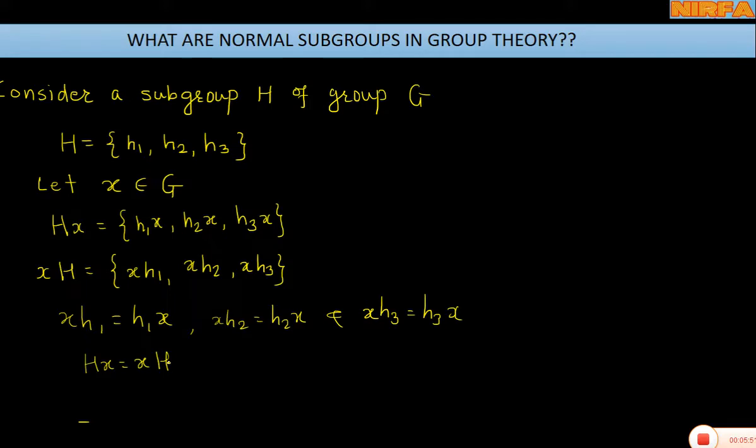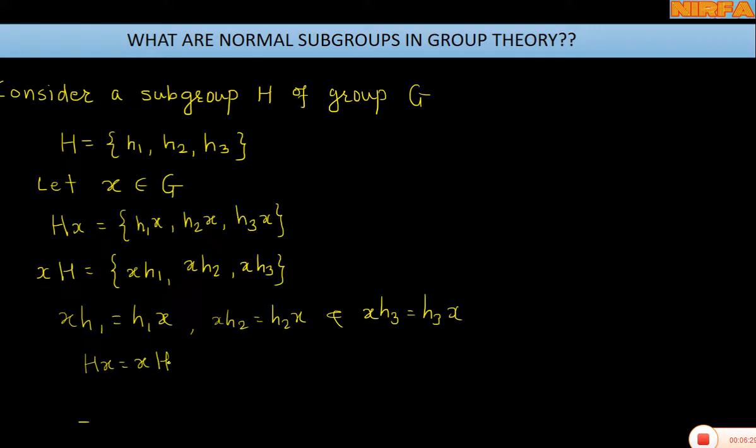And this special subgroup is called a normal subgroup of a group G. So in short, we may say that a subgroup H such that its left coset and its right coset in G are equal, then that subgroup which made this possible, Hx is equal to Xh, is called a normal subgroup of G.